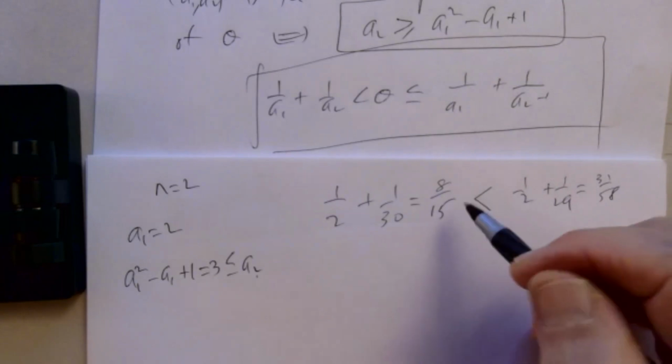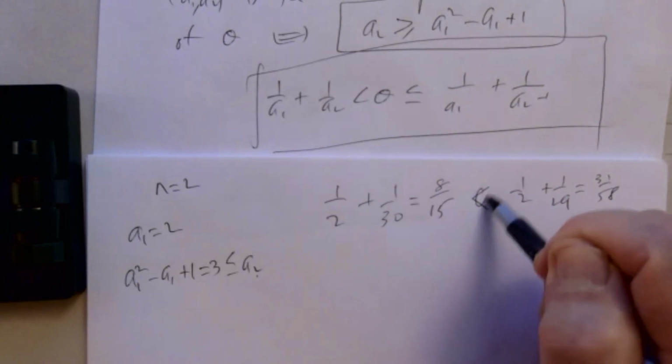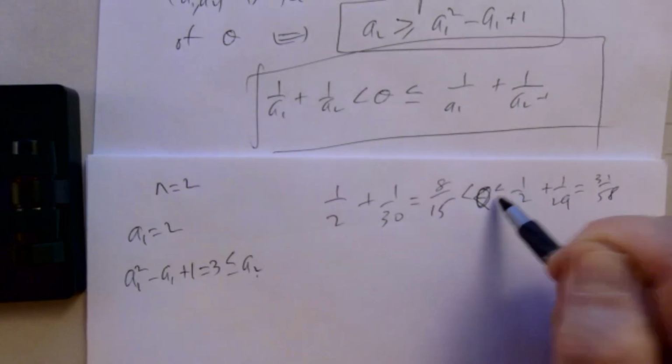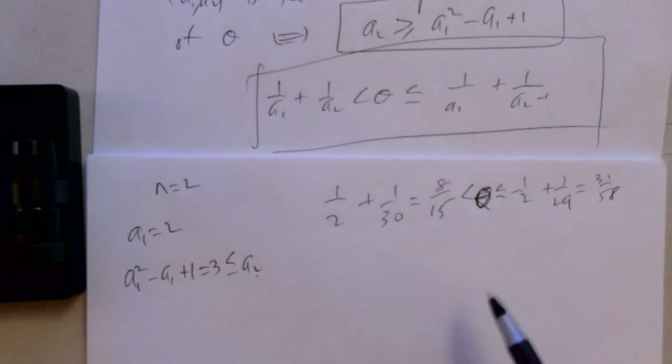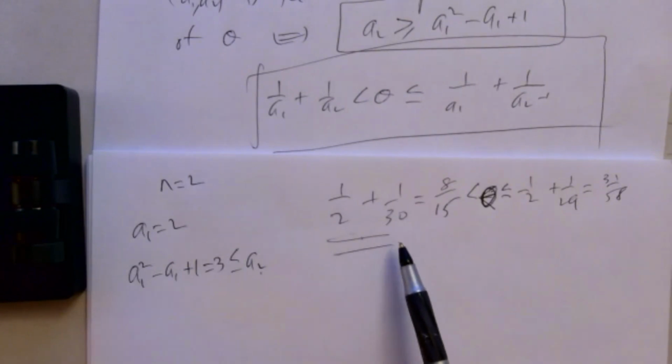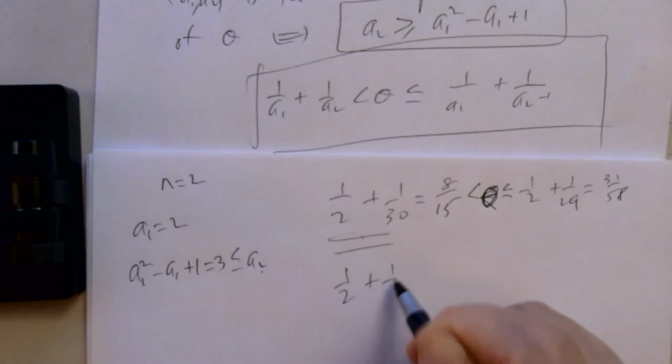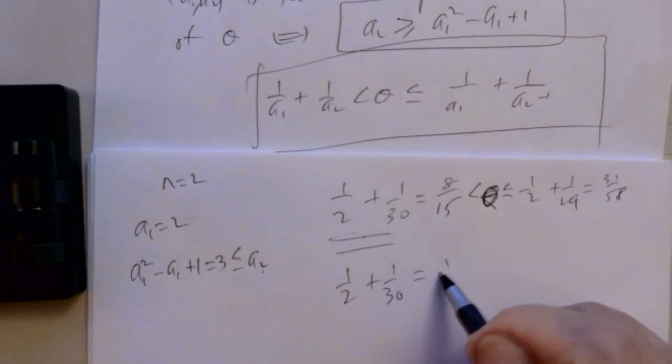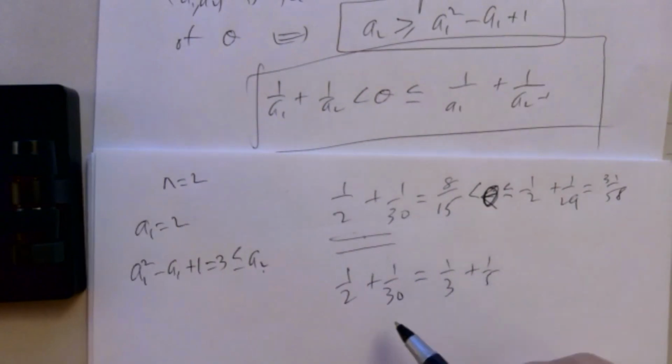And for any number theta in this interval, this is the two-term greedy under approximation. And in fact, you can't do any better than this, but you can equal that because a half plus 1 over 30 is equal to a third plus a fifth.